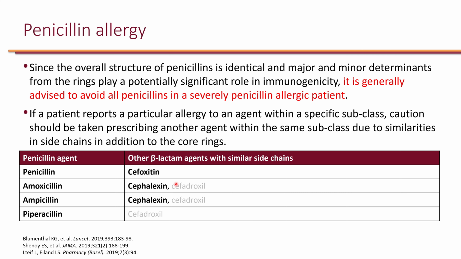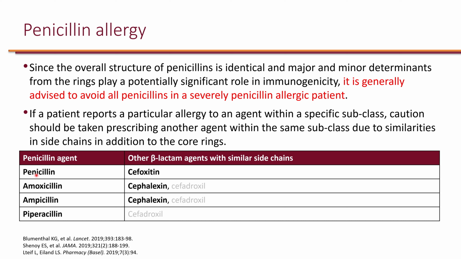And since the overall structure of penicillins is identical and major and minor determinants from the rings play a potentially significant role, it is generally advised to avoid all penicillins in a severely penicillin allergic patient. And keep in mind that this is for severe penicillin allergy, not something as simple as a rash. Now, when it comes to cross-reactivity, we can think of similar side chains.